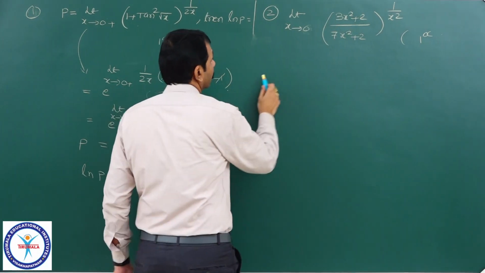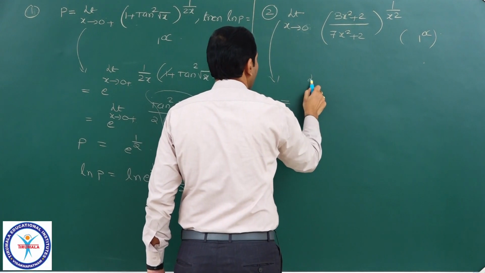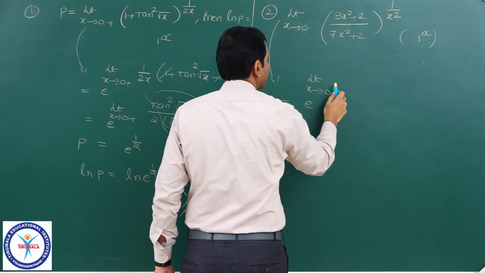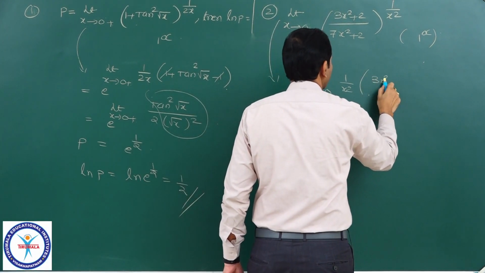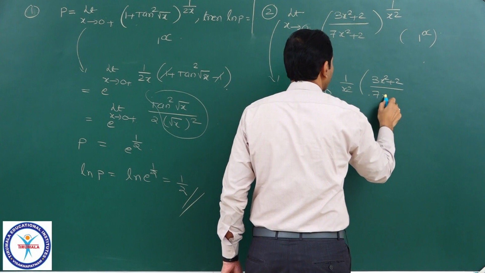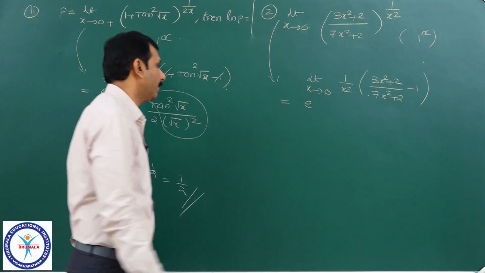Yes, now this can be written as e power limit x tends to 0 g of x, 1 by x square into (3x square plus 2 by 7x square plus 2 minus 1). G of x into f of x minus 1.